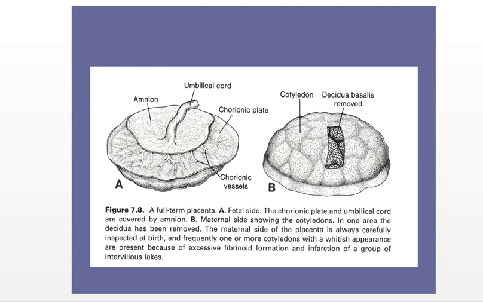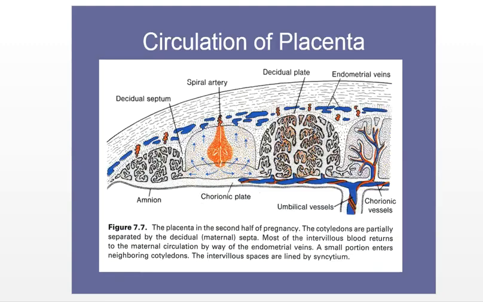During the 4th and 5th months, the decidua forms a number of decidual septa, which project into intervillous spaces but do not reach the chorionic plate. Okay, it means that, like in these pictures, this decidual septa, as you see here, does not reach the chorionic plate, and comes from the maternal side.